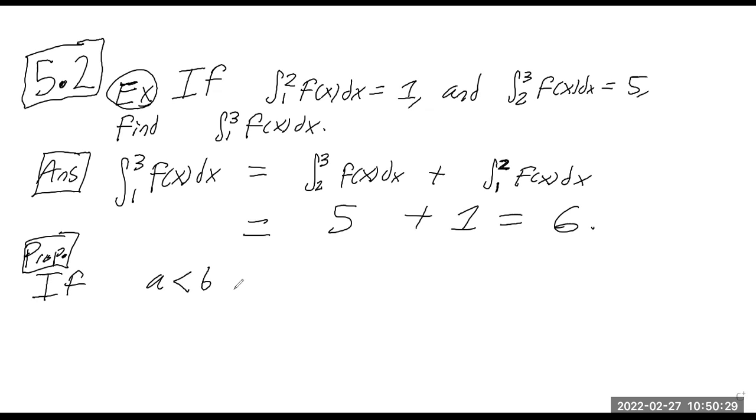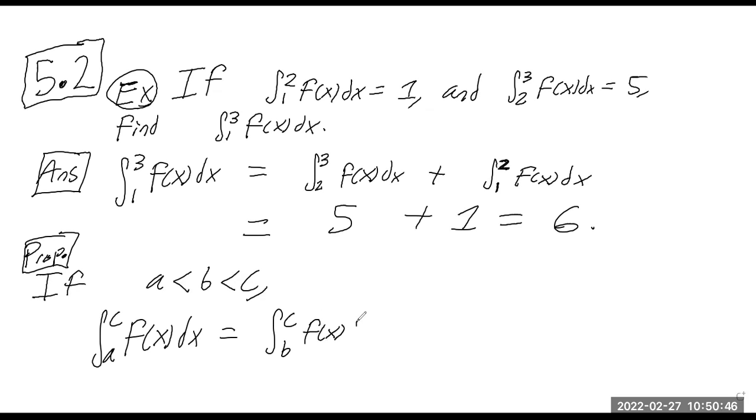If a is less than b, which is less than c, and I take the integral of a continuous function, or at least, some integrable function, then this is the same thing as the integral of f from b to c plus the integral of f from a to b. That's the property I use there.